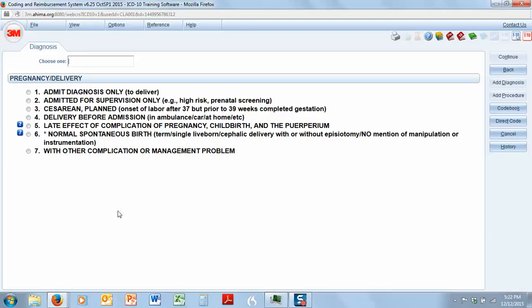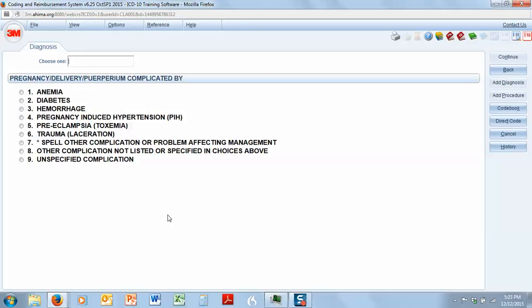And vacuum assistance is use of instrumentation and manipulation to assist in delivering a child through vaginal birth. Therefore, whenever you need to use forceps or vacuum or anything like that, manual manipulation, it is considered a complication or a management problem during that delivery process. So we're going to choose number 7.